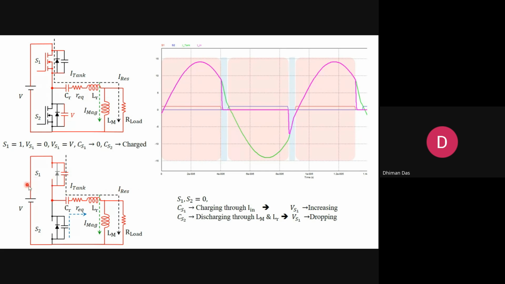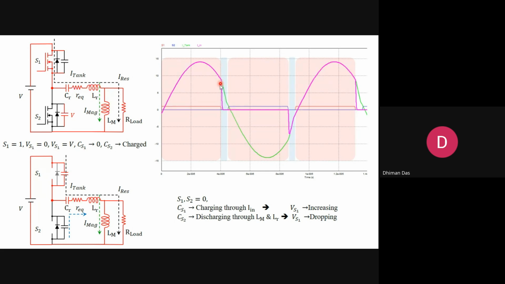Now when I turn off the switch, this switch is off and this switch is also off. That is called dead time. Now during dead time, what is happening? When both switches are 0, the top capacitor, which was initially discharged, is now going to charge through the source current.